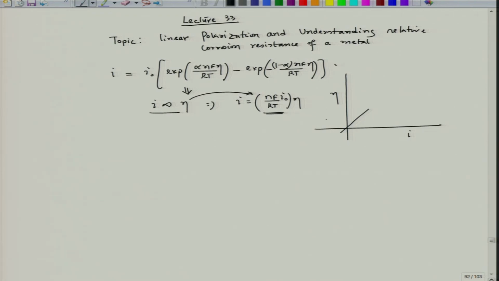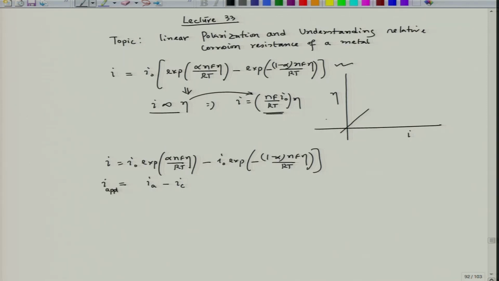Now, if we see this particular equation, I can break it into two terms, I equal to I 0 exponential of this term and this term. These two terms we can explain, and then I can write it as I C, and of course that is nothing but I applied, or I circuit.